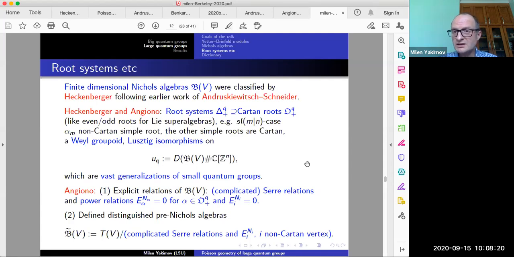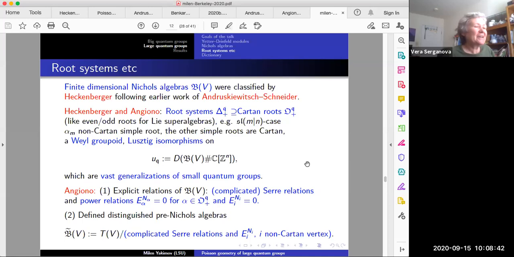Just like in the case of Lie superalgebras, the positive parts of the Lie superalgebras are defined by some complicated set of relations and odd roots raised to power 2 equal to 0. Similarly, for these distinguished pre-Nichols algebras, we will have the same kind of relations.